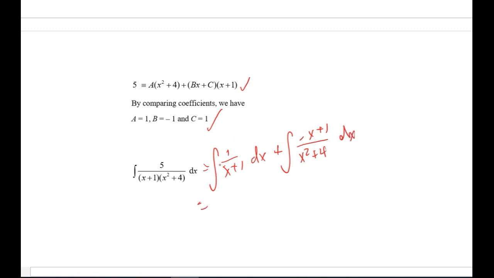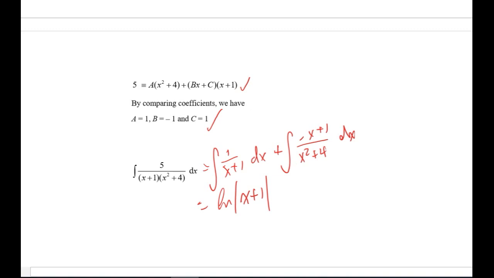1 over x plus 1 is very straightforward to integrate. We know that it's basically just ln of x plus 1. The second one is a bit trickier, minus x plus 1 over x squared plus 4. Observe that if you differentiate x squared plus 4, you get 2x. So I can write the minus x as minus half times 2x.